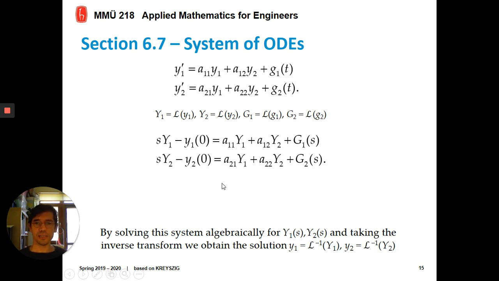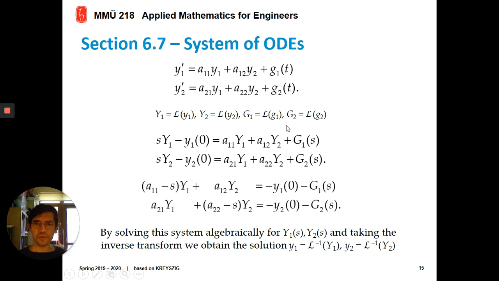They are capitalized. Now if you sort the terms out and try to reach a set of equations where you have all the capital Y terms on the left hand side, and the initial conditions and the input on the right hand side, then you can solve this algebraically.